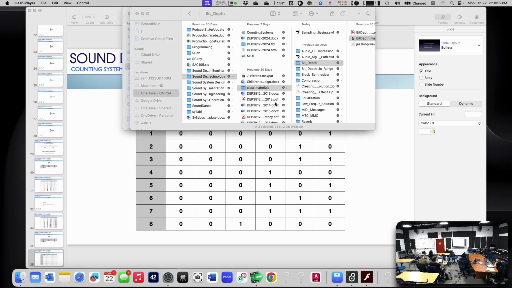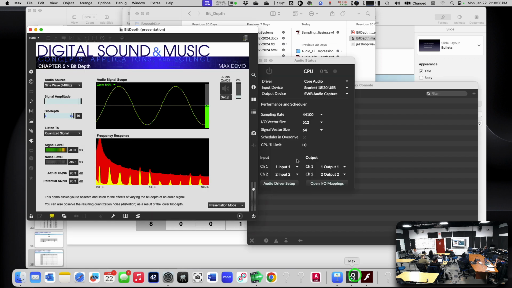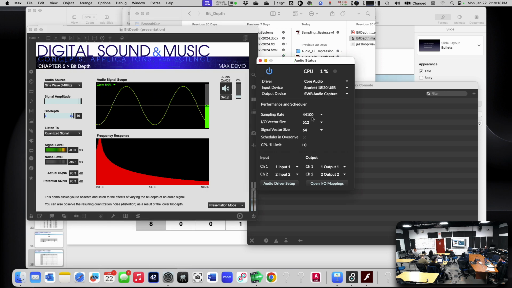Now let's take a look at what this bit depth thing does, because this is where it gets a little interesting. So here I have a sine wave. Right now, I am encoding it with 16 bits. So every sample, the sampling rate is whatever the sampling rate is of the audio interface, which is 44,100.